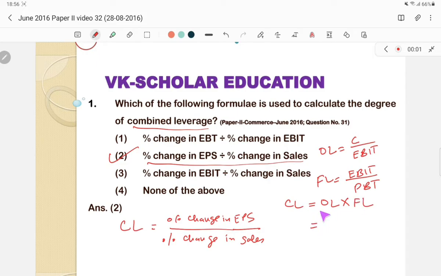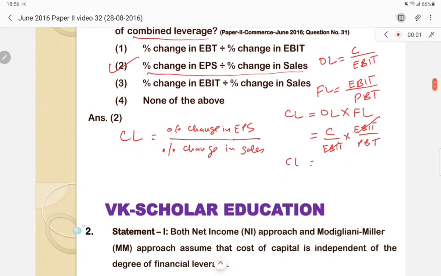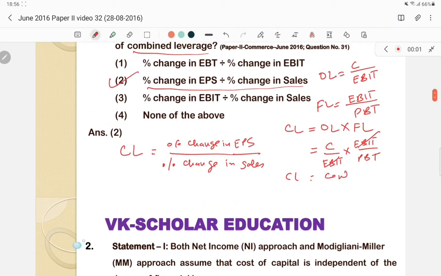So, operating leverage is contribution divided by EBIT and financial leverage is EBIT divided by profit before tax. So, the final result is combined leverage is equal to the contribution divided by profit before tax.